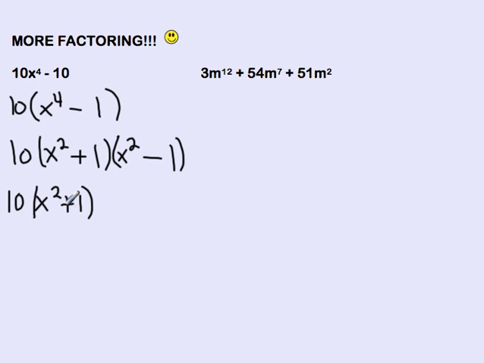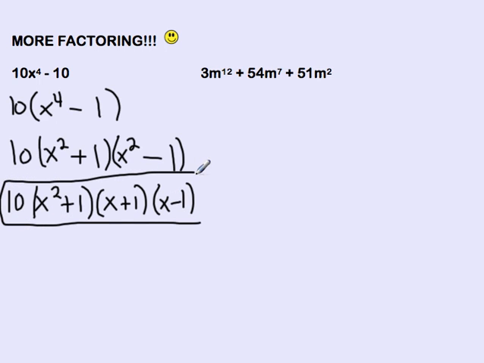However, there's a plus sign in between them, so there's no way that my signs are going to work out to double bubble this set of parentheses. But x squared minus 1, we can break up into x plus 1, x minus 1. Okay? The big thing with these last problems is making sure that you factor as far as you possibly can.